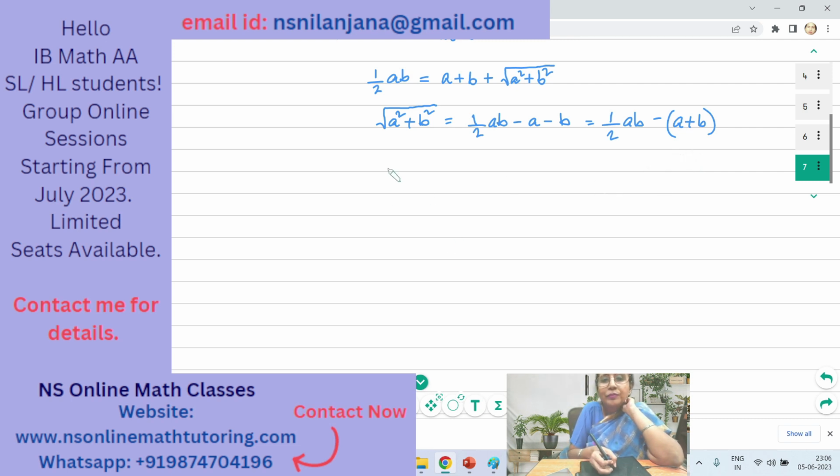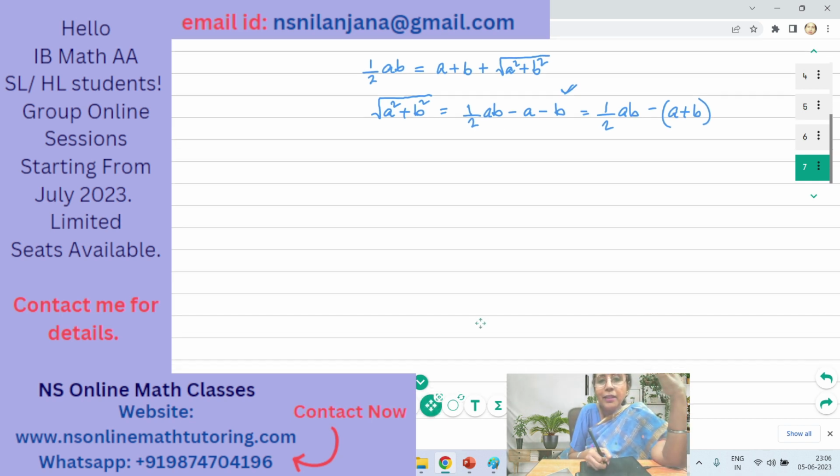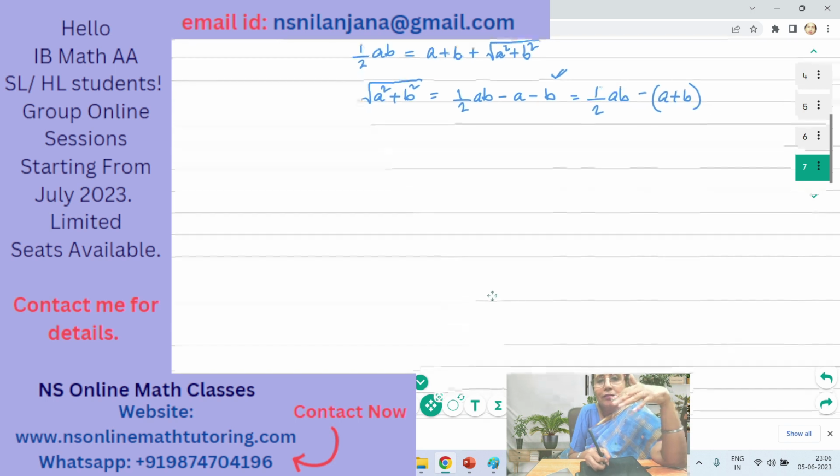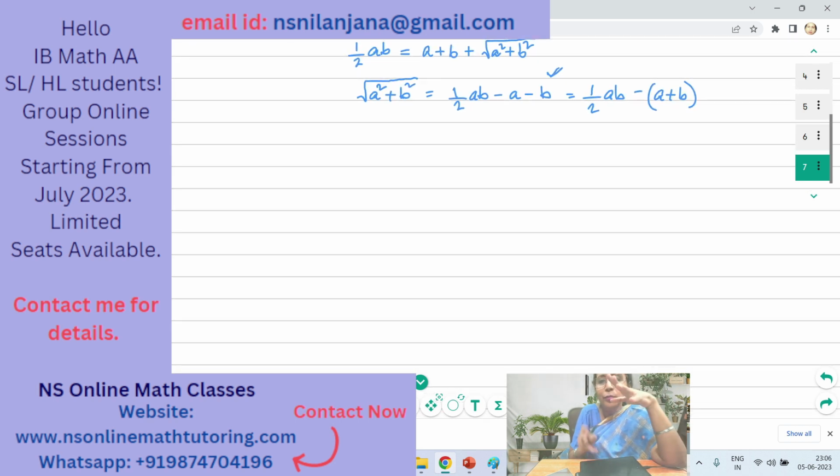I'm showing you. You may keep this as it is, but in case you want to use the identity, then it will be helping you if you group them. Because you do not know what is A plus B plus C whole square identity, you don't know. So you can write that in that form.